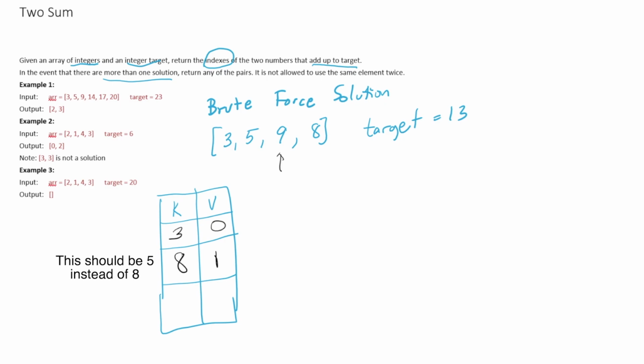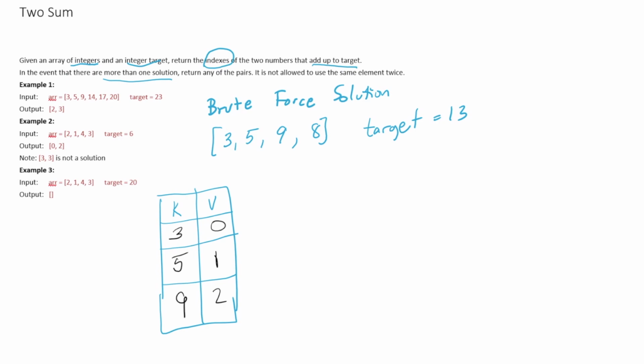What is the complement that we need to get 13? We need 4. We don't have that, so we add 9 in our hash map, which is index 2. Oh, this should be 5. I'm sorry. What we are adding here again is the actual value in the array.